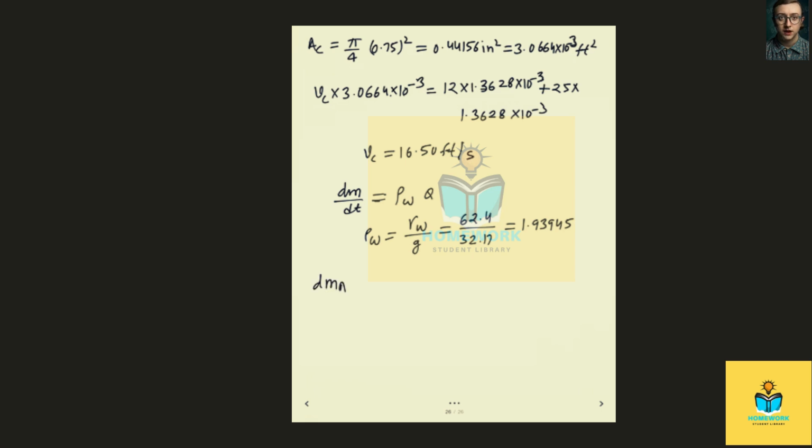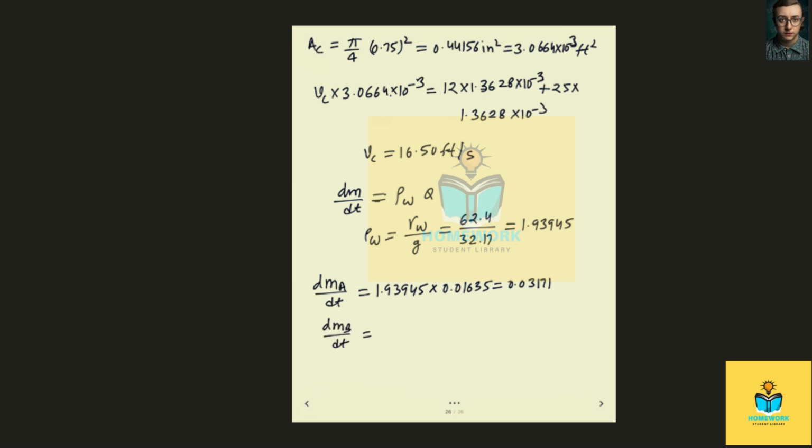So for A we can write dma divided by dt equals rho w multiplied by Qa, and rho w is 1.93945 and Qa is 0.01635, so that equals 0.03171.